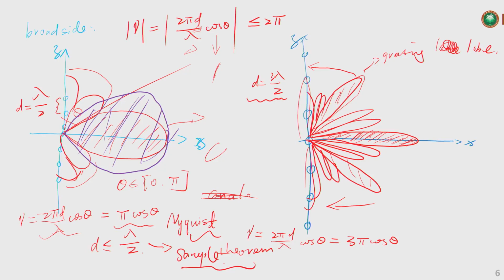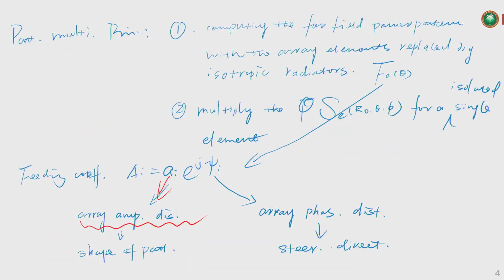So, this is the demonstration on the pattern distribution, and then next we need to consider or analyze the phase distribution and just see how it is used to steer the beam direction.